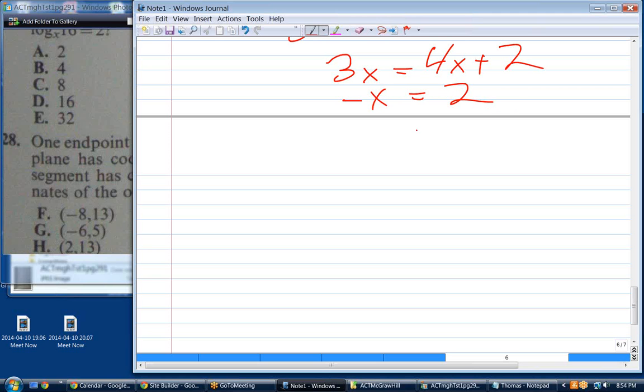Now you got to do another step. You got to divide both sides by minus 1 to get x equals minus 2. So that's a helpful hint. You don't have to move the x's to the left and the numbers to the right. You can do it whichever way is most convenient.